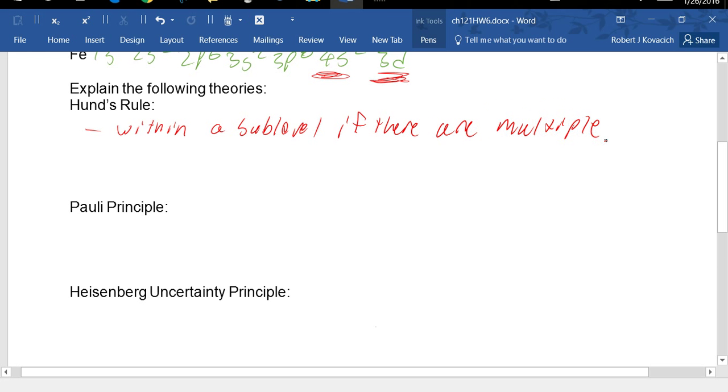Based off your analogy, it'll fill all the beds in the room before it doubles up. So within a sublevel, if there are multiple what? Locations. What's the name of those things?